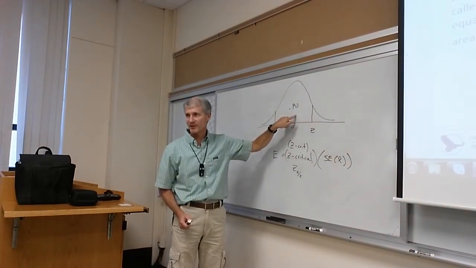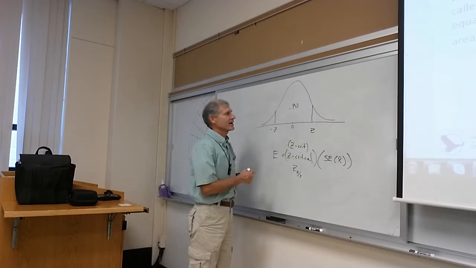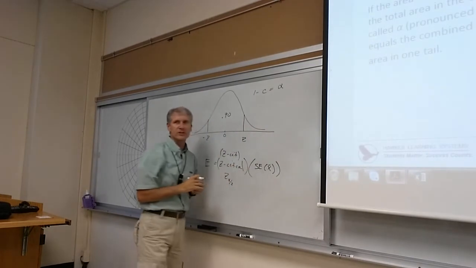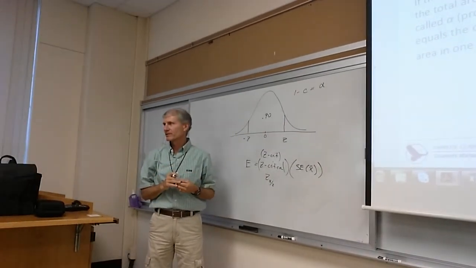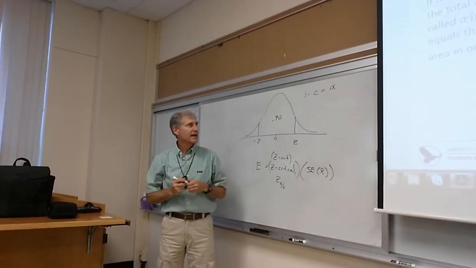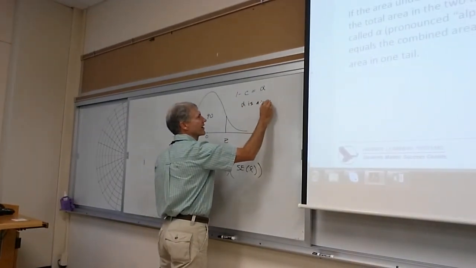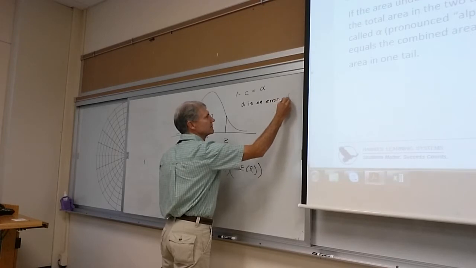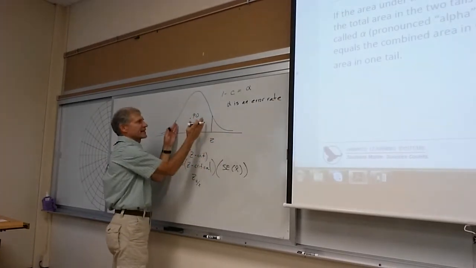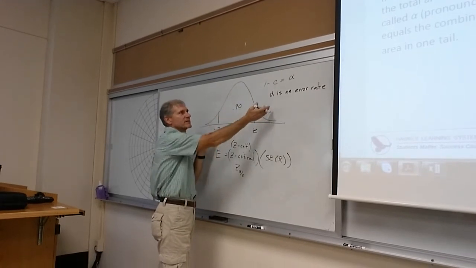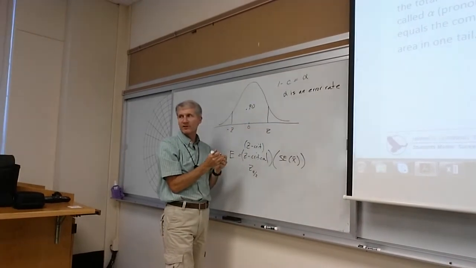Everybody following me? Right? And now 1 minus C, they call that alpha, which is the Greek letter A, basically. Greek alpha, right? And that is an error rate. Alpha is an error rate. So if I get it right 90% of the time, then I get it wrong 10% of the time. So alpha is called the error rate.